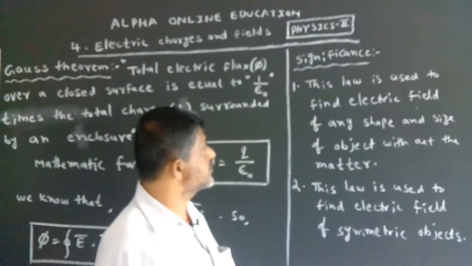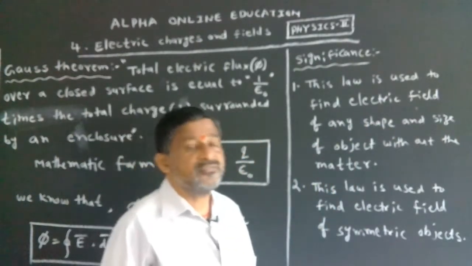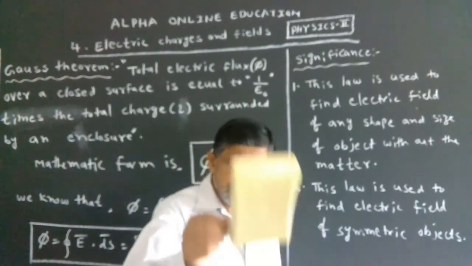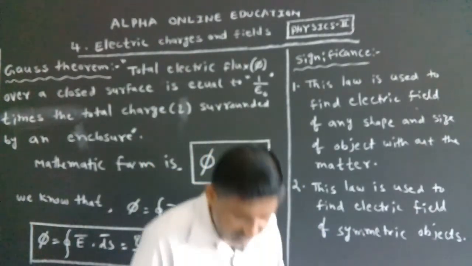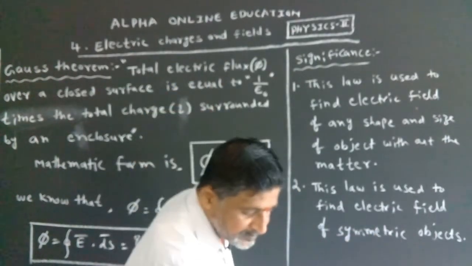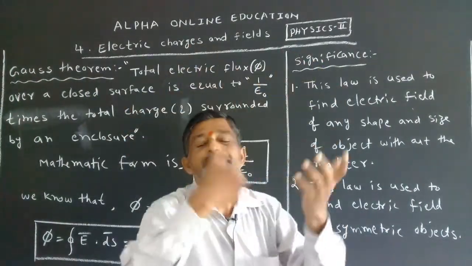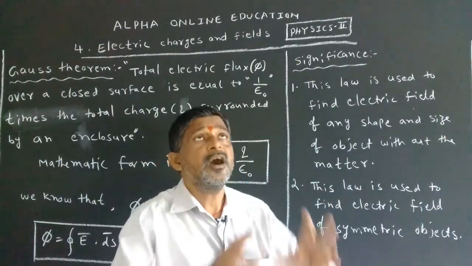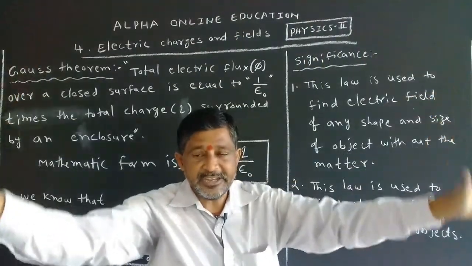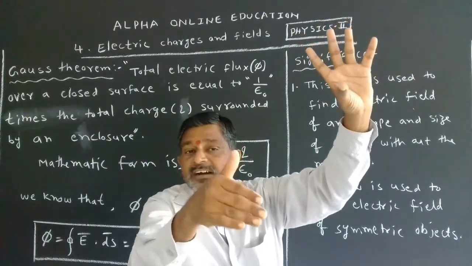What is the significance? This law is used to find the electric field of any shape or any size. This is one shape. This piece of chalk has another shape. Now let us take my face like this, it is also one shape. Take any shape, or imagine the shape is like any stone, with a charge inside. We can find the electric field.